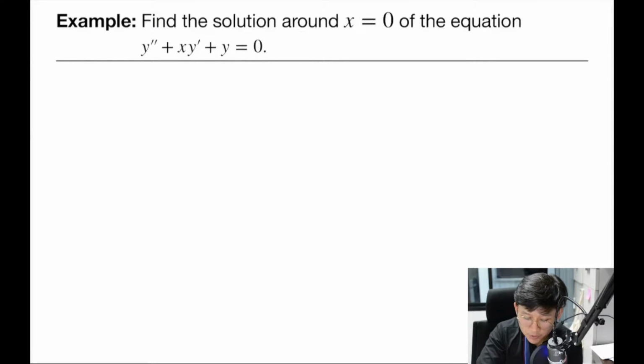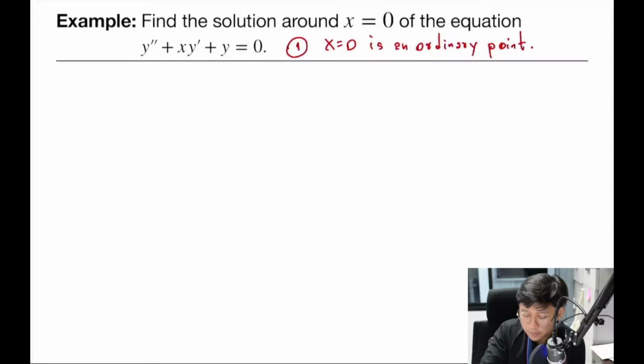So first you need to make sure that x equals 0 is an ordinary point. Is it? From the previous video we know that it is. Our b2(x) is 1, because it's the coefficient of y double prime, so it can't be 0.